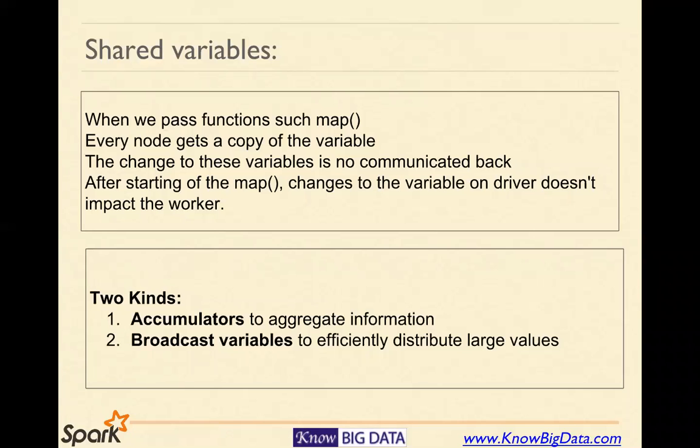If you refer to a variable from your map method, that variable will be carried to all the nodes. Those are the traditional ways of sharing variables across the cluster, but those are not very efficient. There are two kinds of methods that are useful and very efficient while sharing data. One is called accumulator, another is called broadcast.